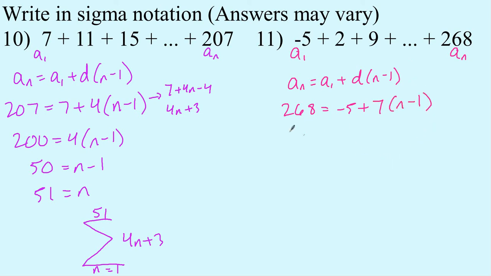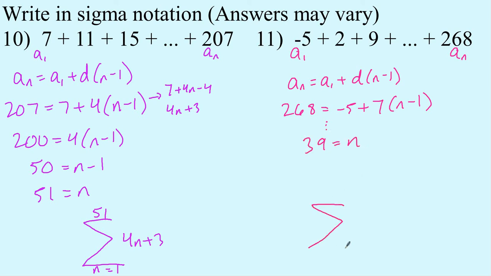We work that out. I'm just making sure it's right. Okay, so 39 equals n.